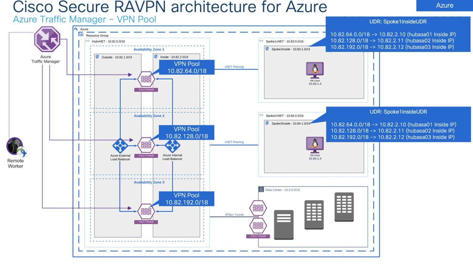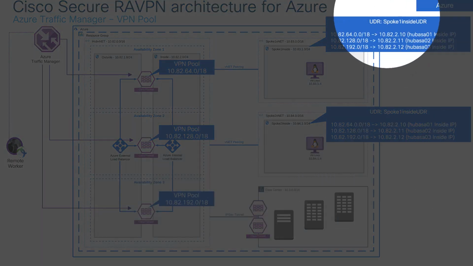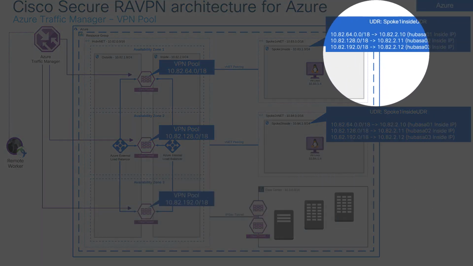Now let's look at our route tables as well. This is a route table which is attached to one of the spokes. For the sake of simplicity, I'm just showing one subnet here. It could be a 3-tier architecture, it could be any other sort of architecture in that VNet.